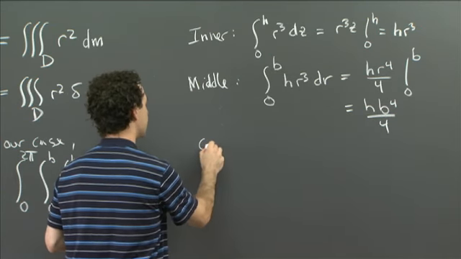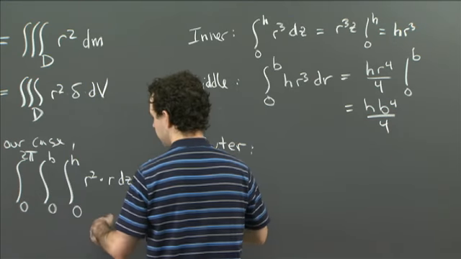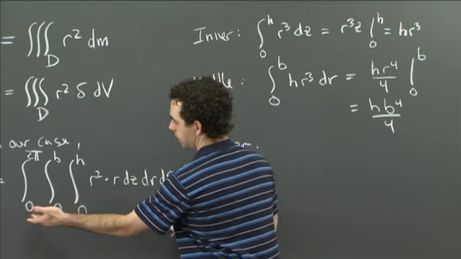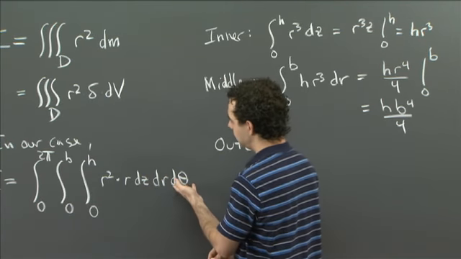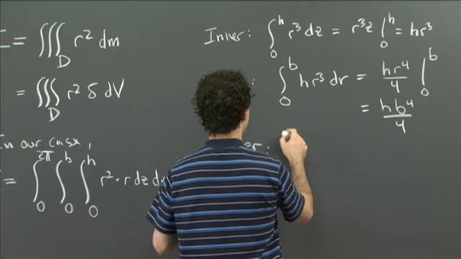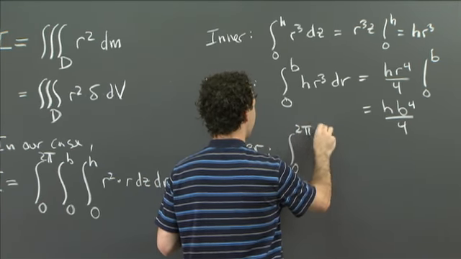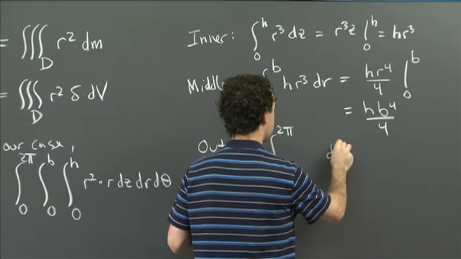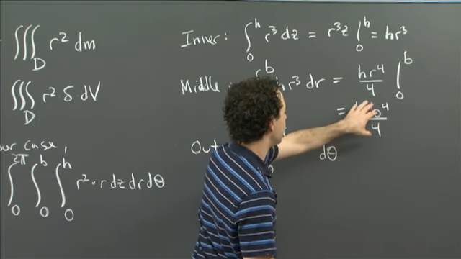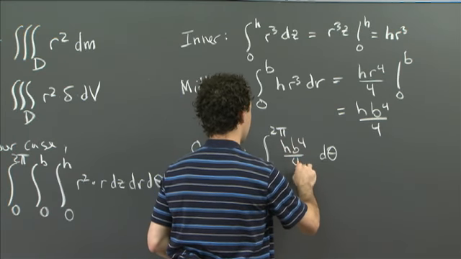And finally, we have our outermost integral. What was that integral? That was the integral from 0 to 2 pi d theta of the middle integral, which was hb to the 4th over 4.